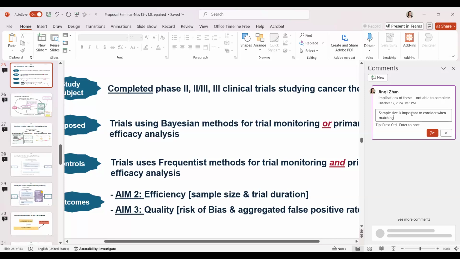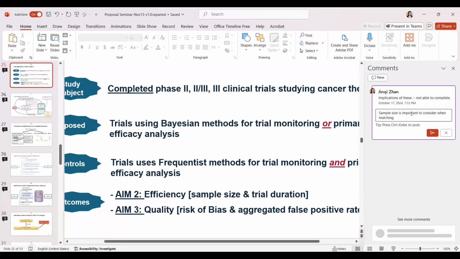And also another thought in my head, I haven't talked to my advisor team yet, is that if the matching fell through, then for the Bayesian trials, most of them, as far as I know, would also report the summarized type 1 error, the statistical operating characteristics.